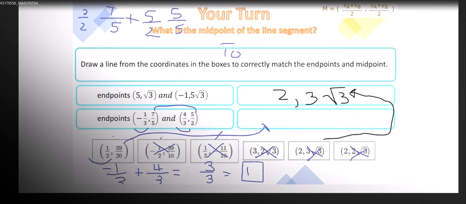Okay, and so this would be 14 plus 25. I'm waiting for somebody to help me. What'd you get there? 14 plus 25 is 39 over 10. Or is it 39 over 20?